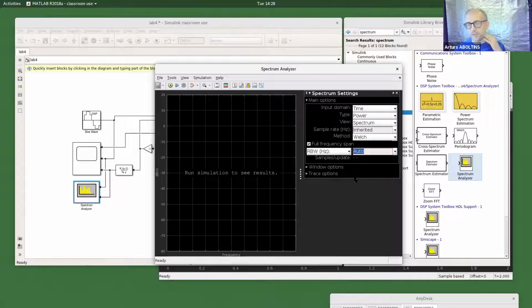And if you wish to analyze exactly the 10 last periods of the generated signal, we could take here just FQ, the frequency, and divide by 10. In this case, it will be exactly the 10 last periods. Okay, let's run.